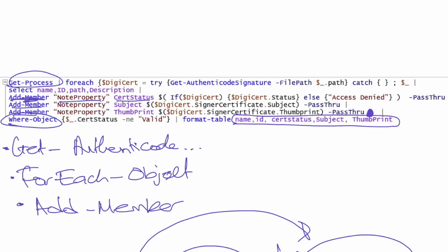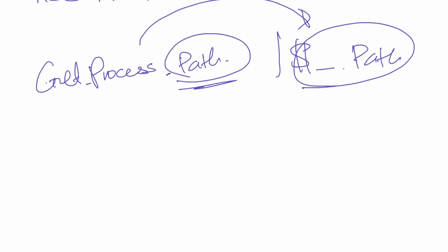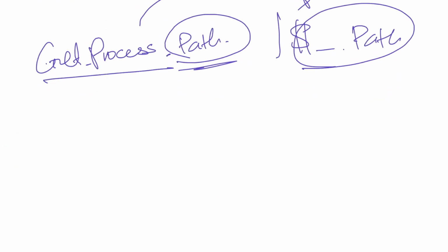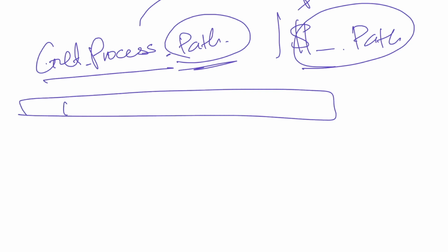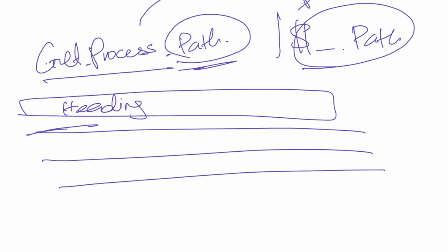Next thing we want to look at is ForEach. What does this ForEach do? When we just run Get-Process, this is the heading, with the parameter name listing. So every line is an object.